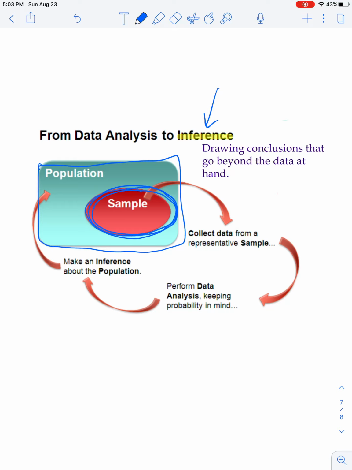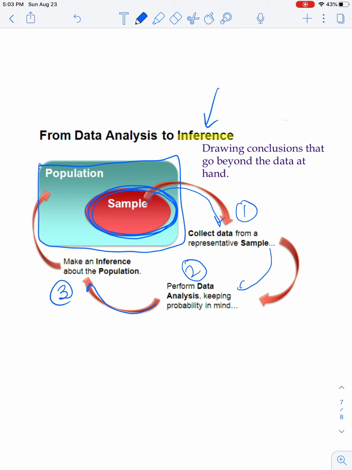So then what I'm going to do is take a sample from that population, and we're going to talk a lot about how to take a really good sample. We're going to collect data from that sample, and then we're going to perform some data analysis on that sample.